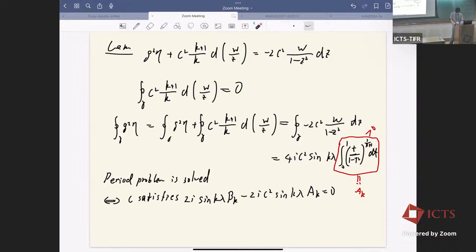So now we cancel 2i sine k. So then it is if and only if C satisfies bk minus 2 square ak equals 0. So C equals 2, not really, I was wrong. Sorry.